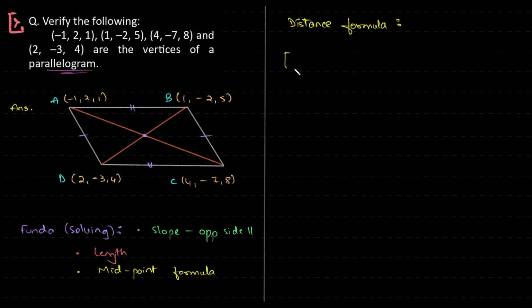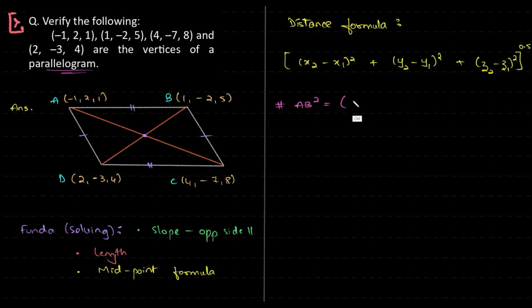So the distance formula talks about the difference between the coordinates, the square of that, to the power of half. Now we have to figure out AB, DC, and so on. So AB square is equal to, whatever is convenient, just do that.